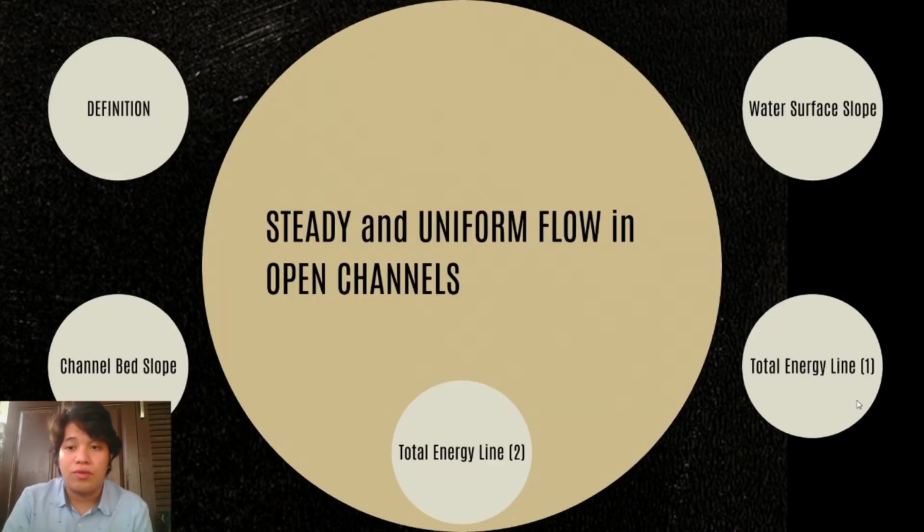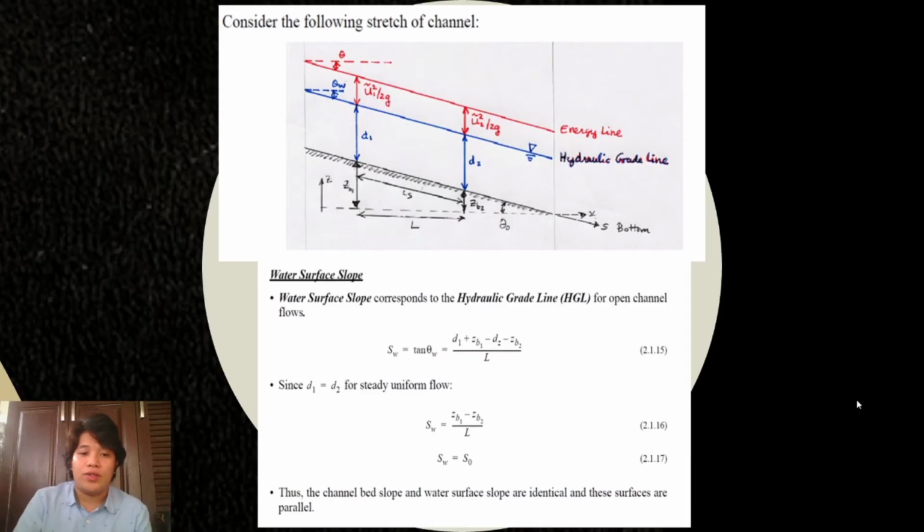Next we go to the water surface slope. The water surface slope corresponds to the hydraulic grade line, HGL, for open channel flows. Basically, this slope starts with the hydraulic grade line down to the bottom. From the equation, S equals depth D1 from the hydraulic grade line down to the bottom, plus ZB1, minus D2 minus ZB2, over the length.